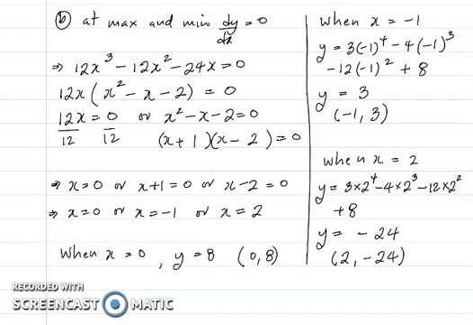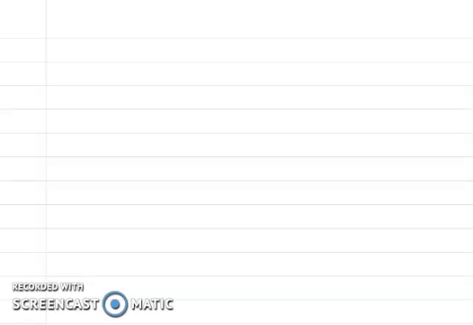So C, next we're asked to classify the stationary points. So now we're at C. We're asked to classify the stationary points. So let's start out with dy by dx, and that is equal to 12x cubed minus 12x squared minus 24x.